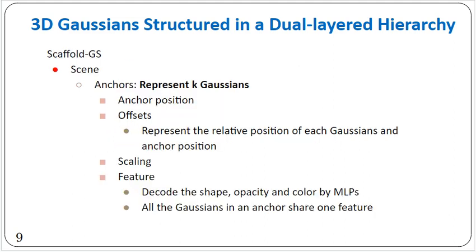And Scaffold Gaussian splatting represents a scene by many anchors, and each anchor represents K Gaussians. For each anchor, it also has four main variables. The first one is the anchor position. The second one is the offset, which represents the relative position of each Gaussian to the anchor position.